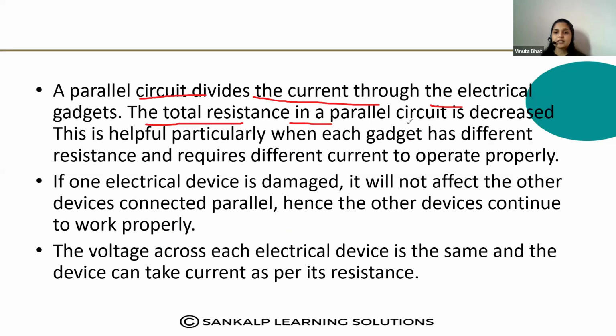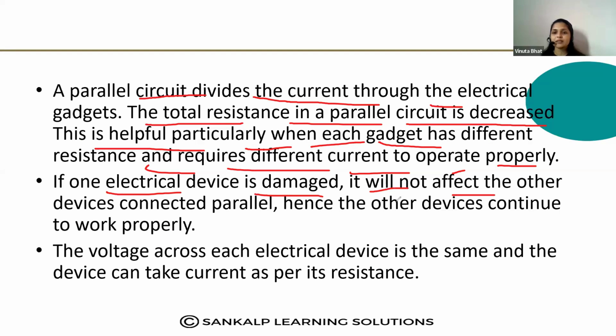The total resistance in a parallel circuit is decreased. This is helpful particularly when the gadgets have different resistance and require different current to operate properly. If one electrical device is damaged, it will not affect the other devices connected in parallel. Hence, the other devices continue to work properly.